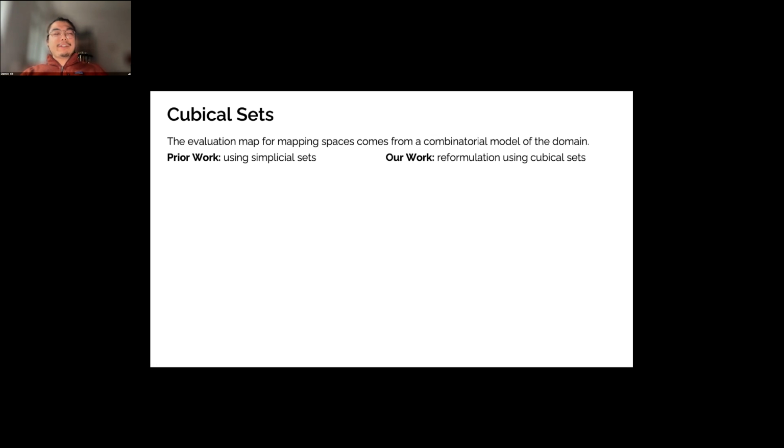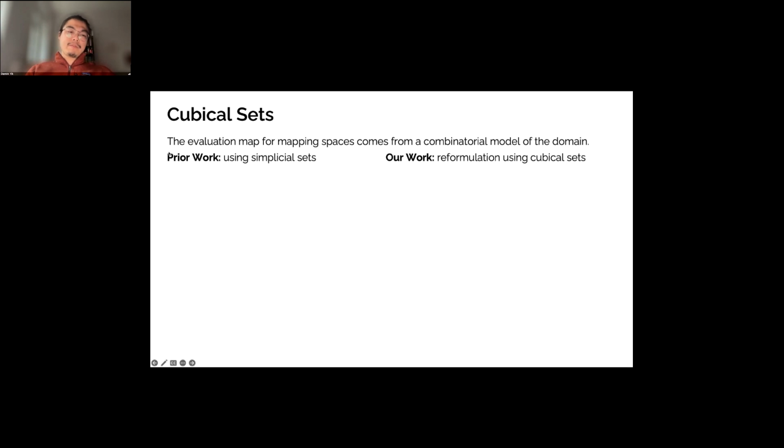And this is where we have to go into the more recent works on Chen's construction for mapping spaces. But our primary domain of interest are unit D cubes. And the reason for this is that in practice it's much more common to have maps that are parametrized by squares or cubes rather than simplices.